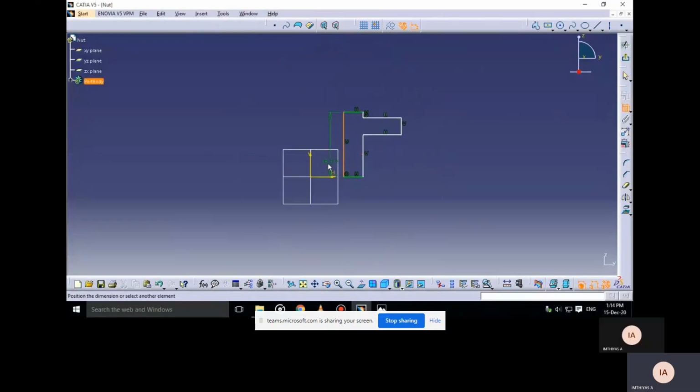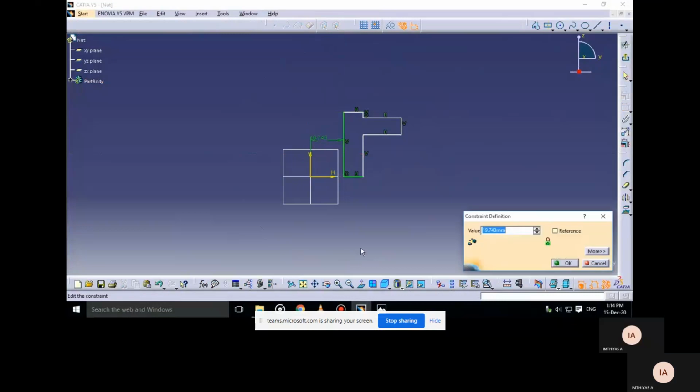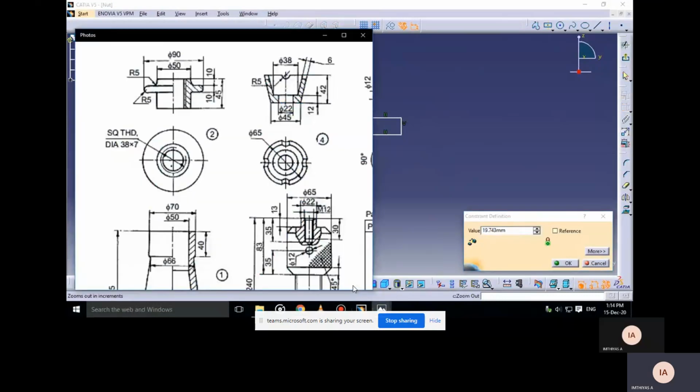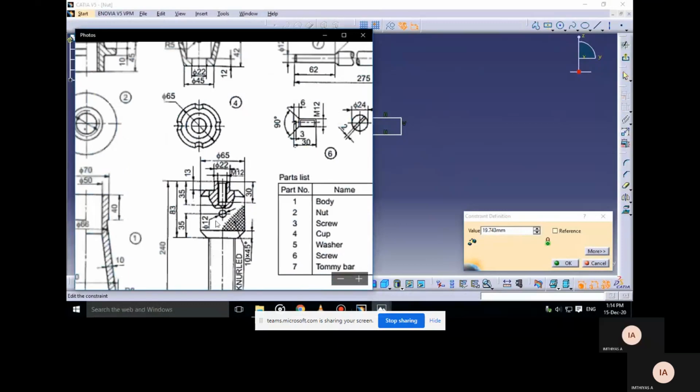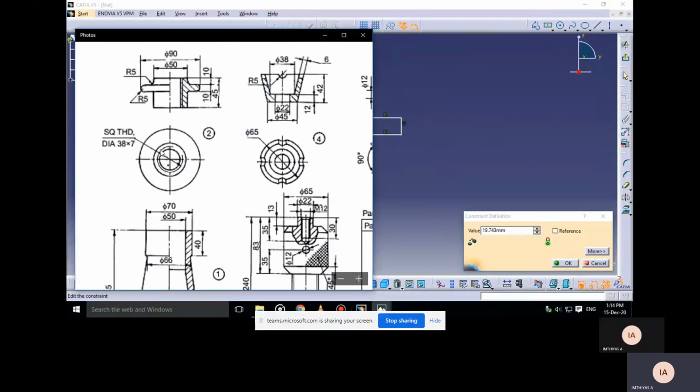Now we will give the dimensions. From the center, the dimension is 90, then 50, two dimensions are there. So one diameter is 50, another diameter is 90.